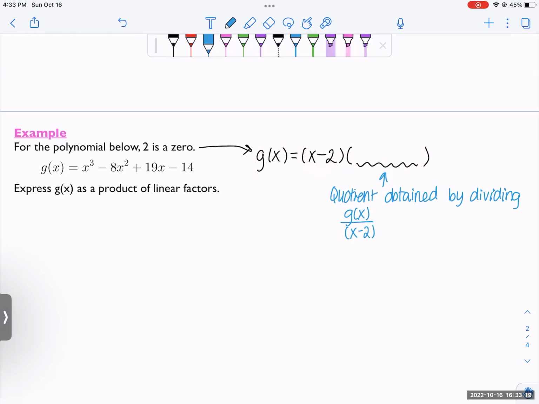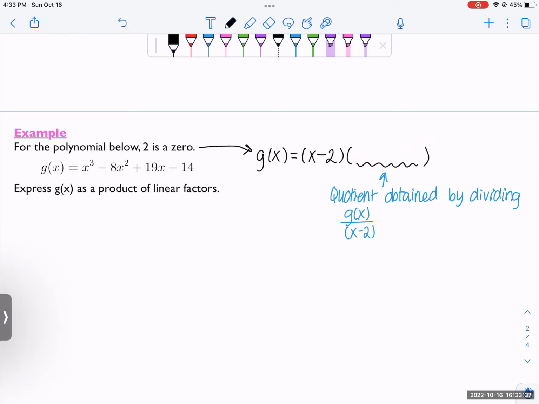So if you divide g of x by x minus 2, you'll be left with a quotient. That quotient comes here. G of x will factor into these two things. This is going to end up needing to be factored further. We'll get to it.